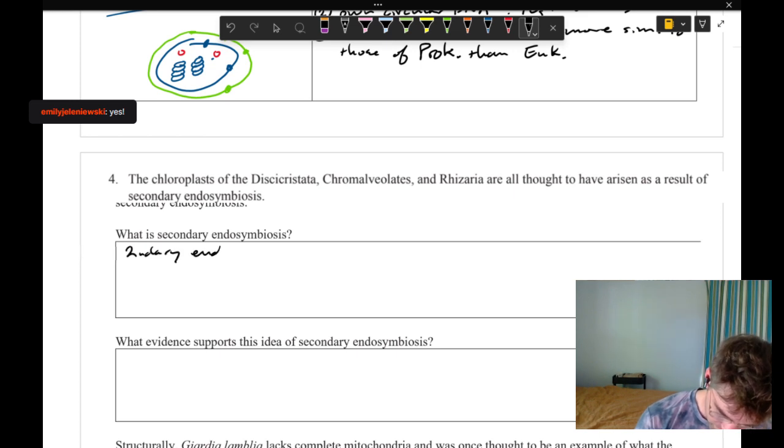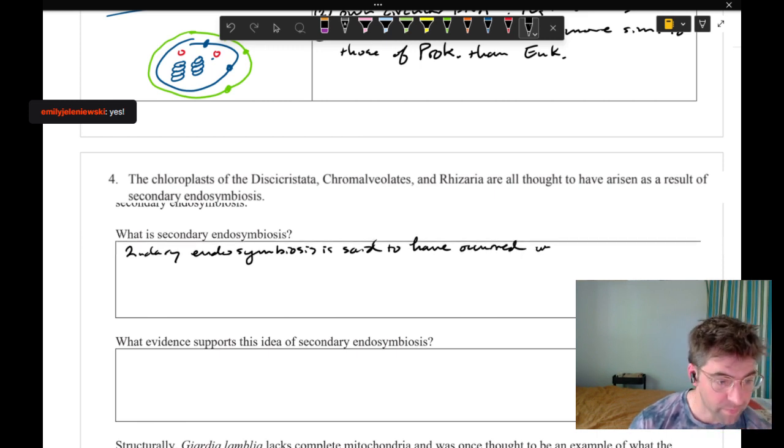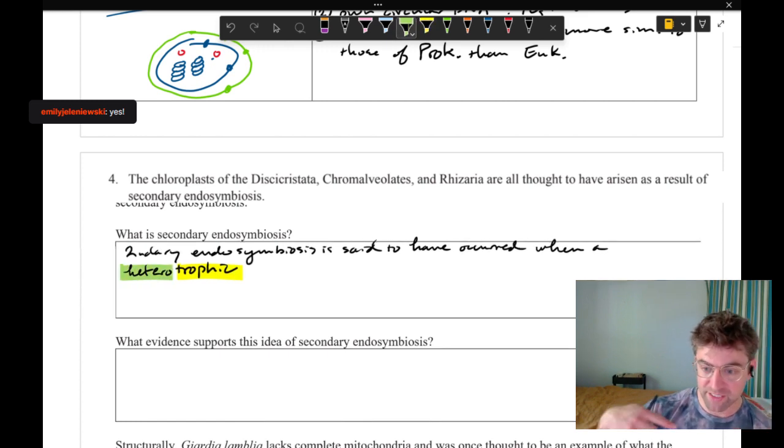Secondary endosymbiosis is said to have occurred when a heterotrophic eukaryote engulfs a photosynthetic eukaryote, which then becomes an endosymbiont. Heterotrophic: trophic eats, hetero other things, gets its energy by eating other things.